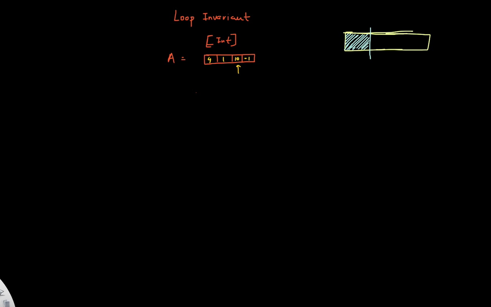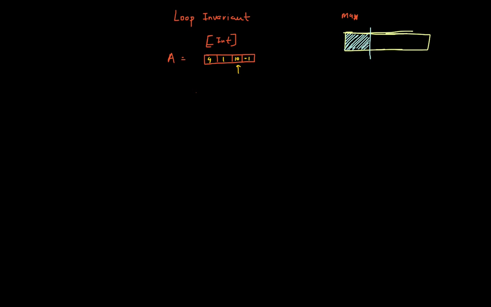Whatever the maximum element is at this point is going to be stored in this variable max. Let's create a local variable max here, such that whatever the max is in this traversed blue portion is inside the variable max. So what's the idea? How would I get the max of the entire list?